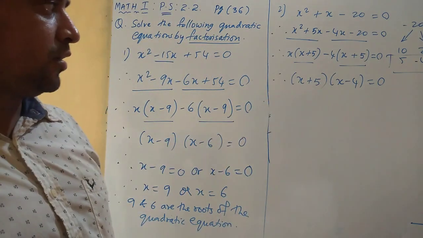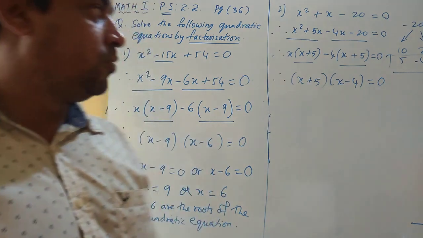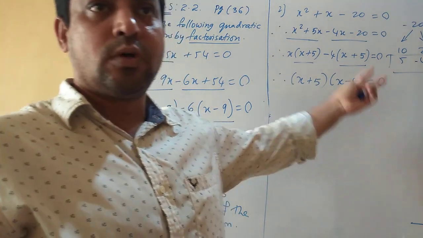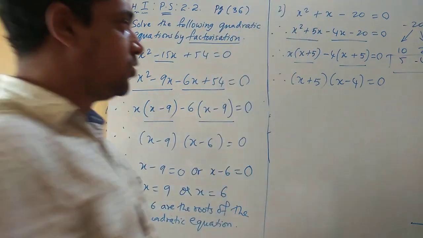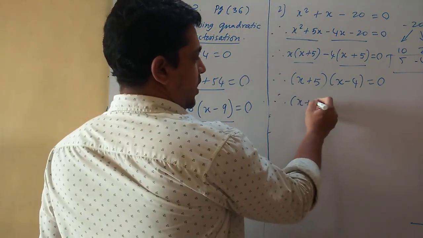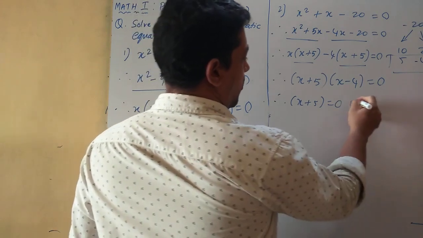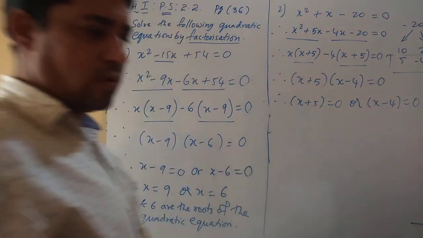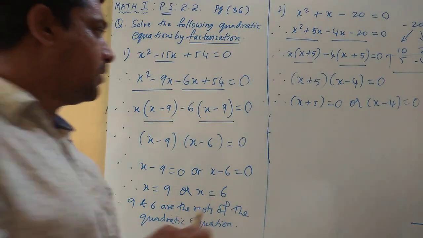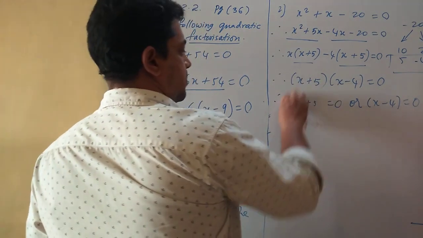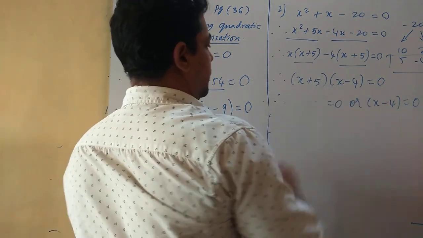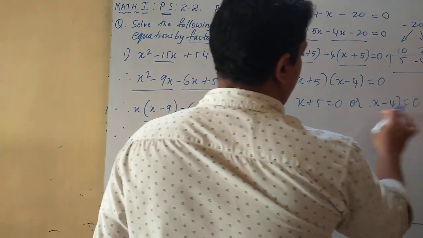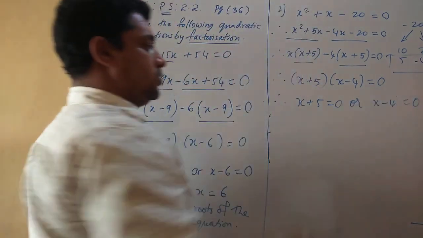Now again the same thing, one of these numbers should be 0. Why? Because if the product of two numbers is 0, then one of the numbers is 0. So again I write x plus 5 equal to 0, or x minus 4 is equal to 0. No need to write the bracket also. You can write like this also, x plus 5 equal to 0 or x minus 4 equal to 0.